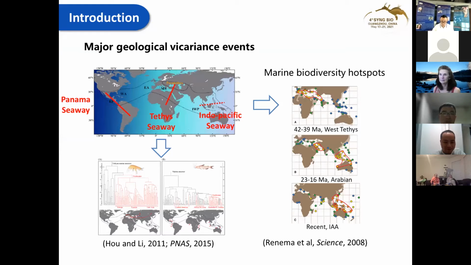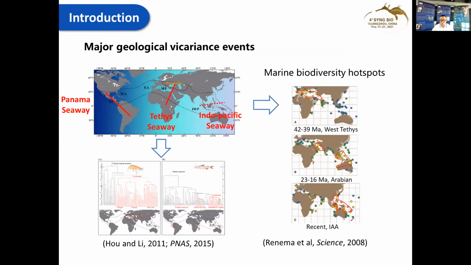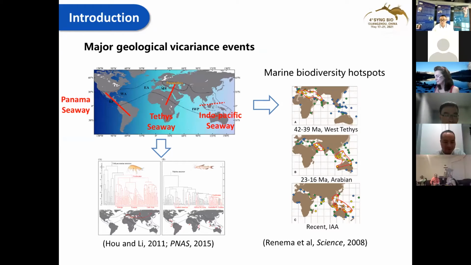As we all know, a lot of factors drive biodiversification, including environmental and biological factors. One of the most important factors is major geological events, for example, the Tethys Sea, the Panama Sea, and the shallow waters in the Indo-Pacific areas.